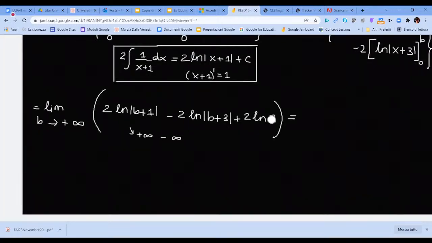But we can rewrite by taking out the factor 2.